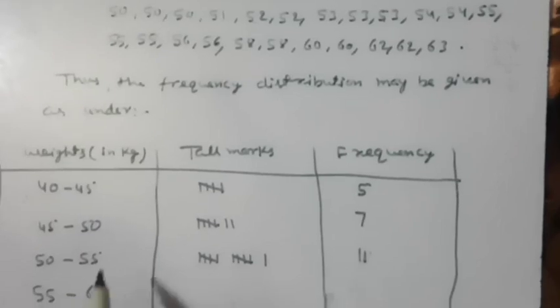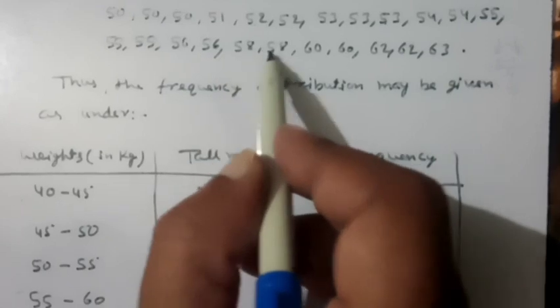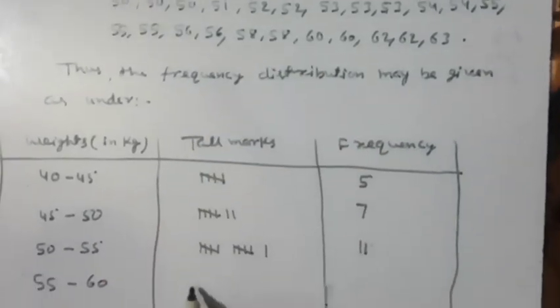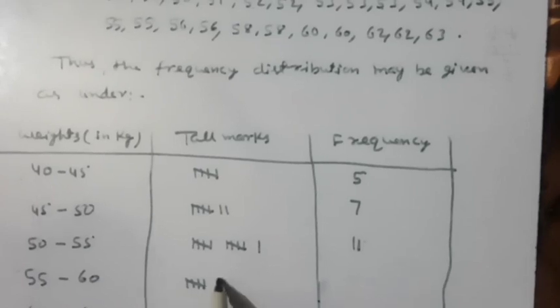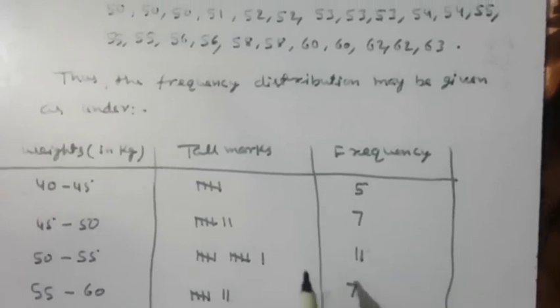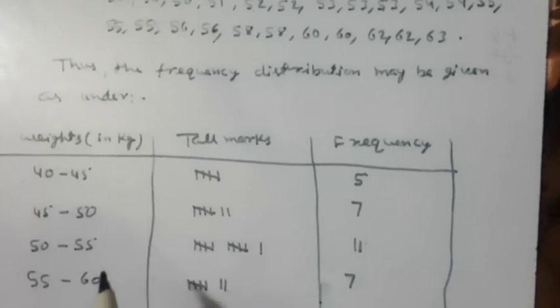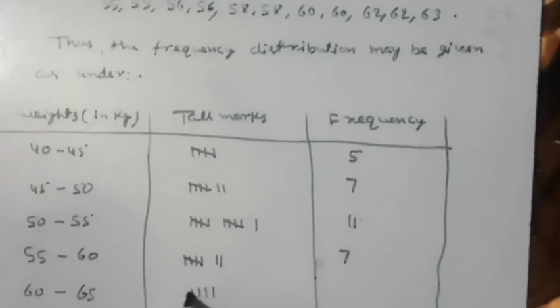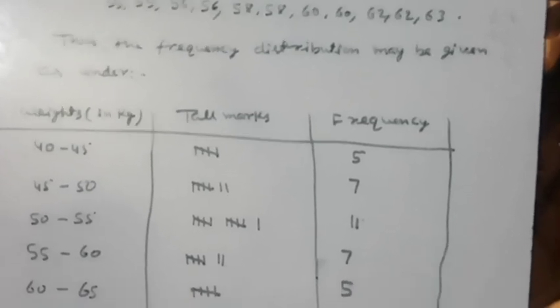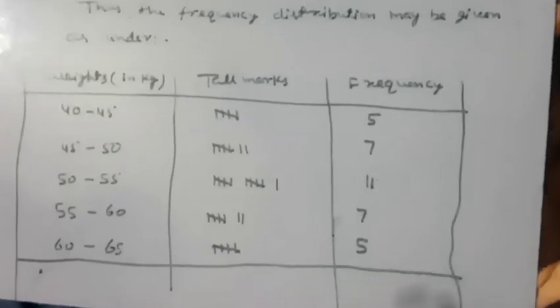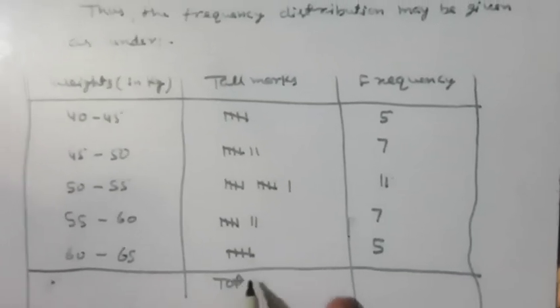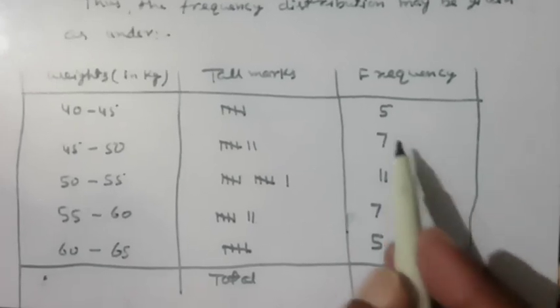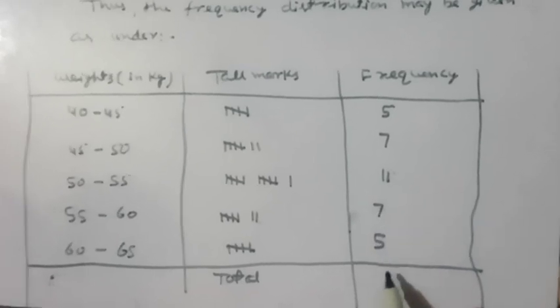Next 55 to 60: frequency is 7. Next 60 to 65: frequency is 5. Total: 5 plus 7 is 12, 12 plus 11 is 23, plus 7 is 30, 30 plus 5 is 35.